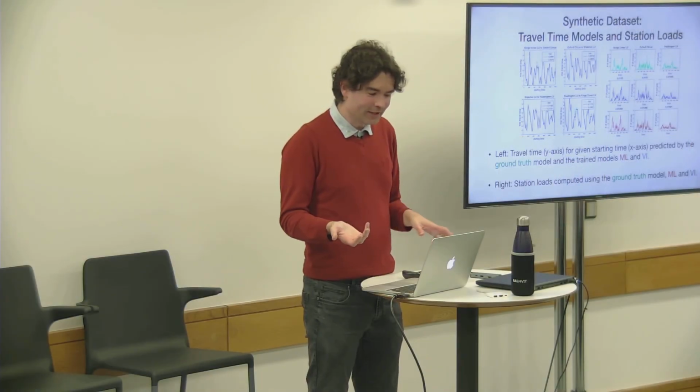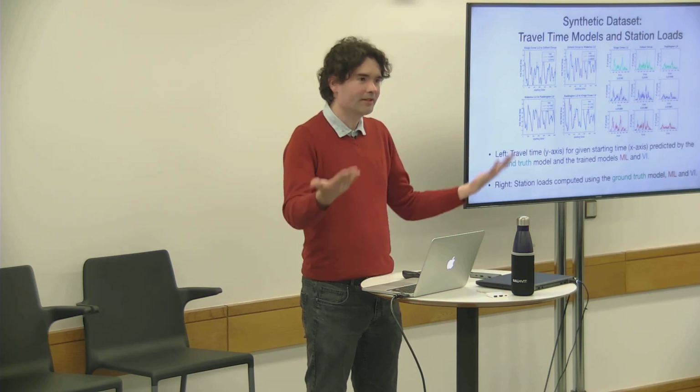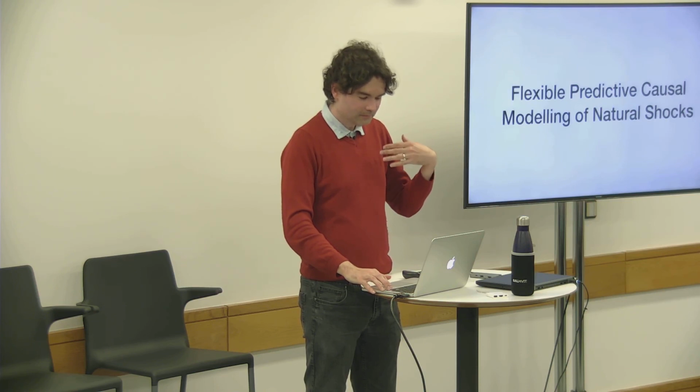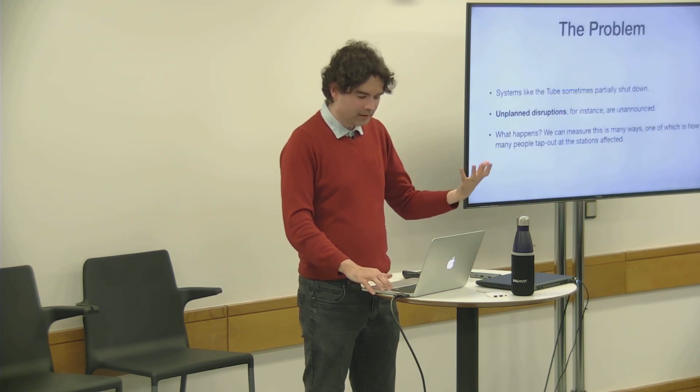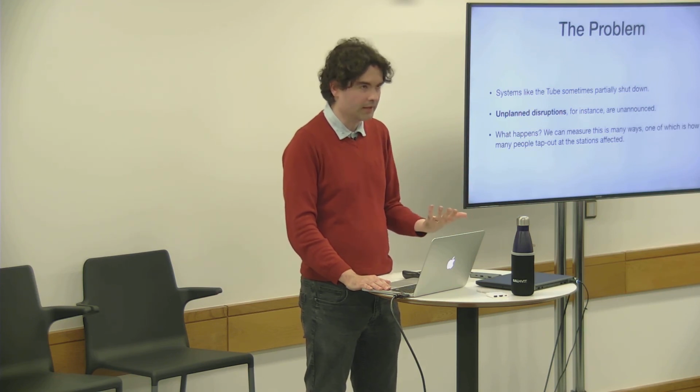The second half, which is actually work in progress, I can just tell you what I'm doing in case you want to hear more about it and come to me. It is essentially an idea on understanding unplanned disruptions. So what happens on unplanned disruptions? We had a previous paper on this.